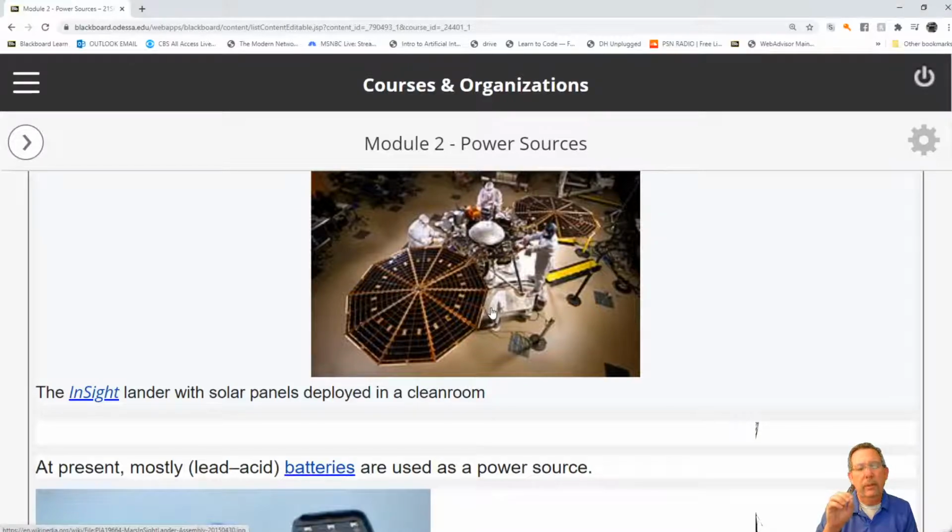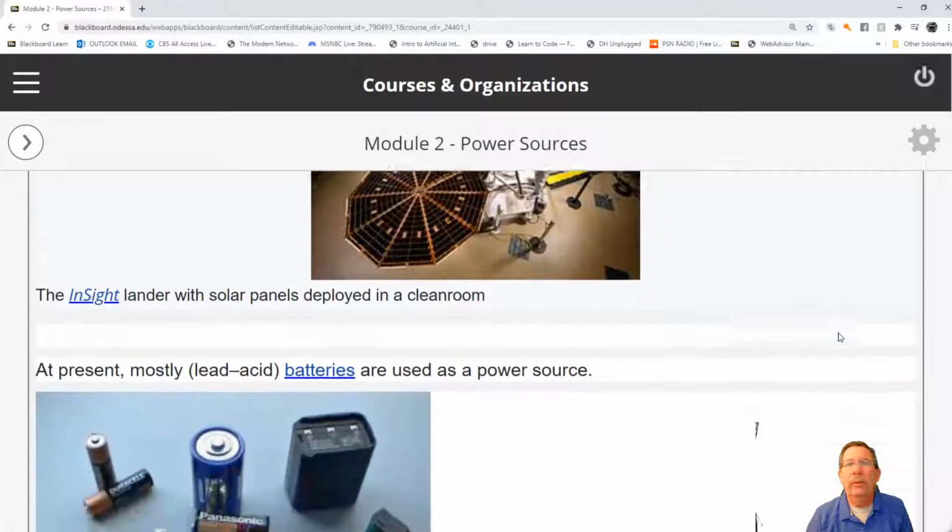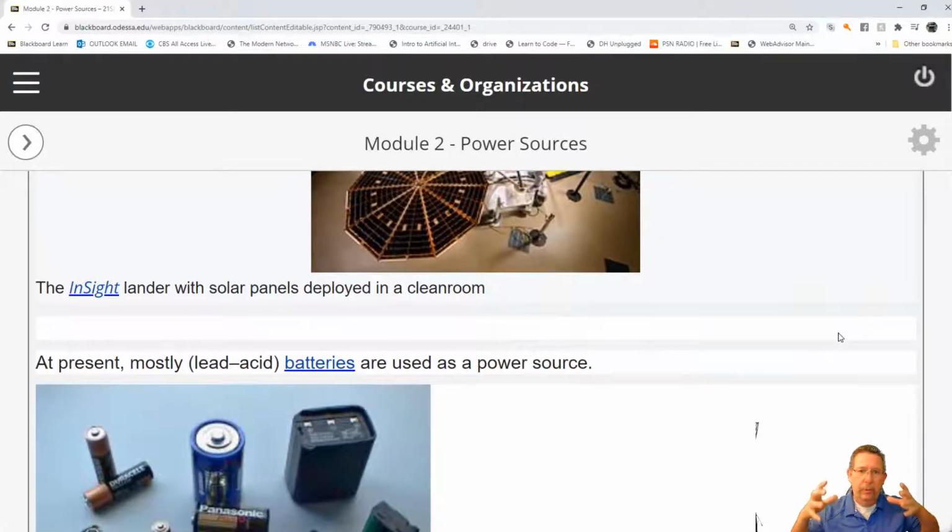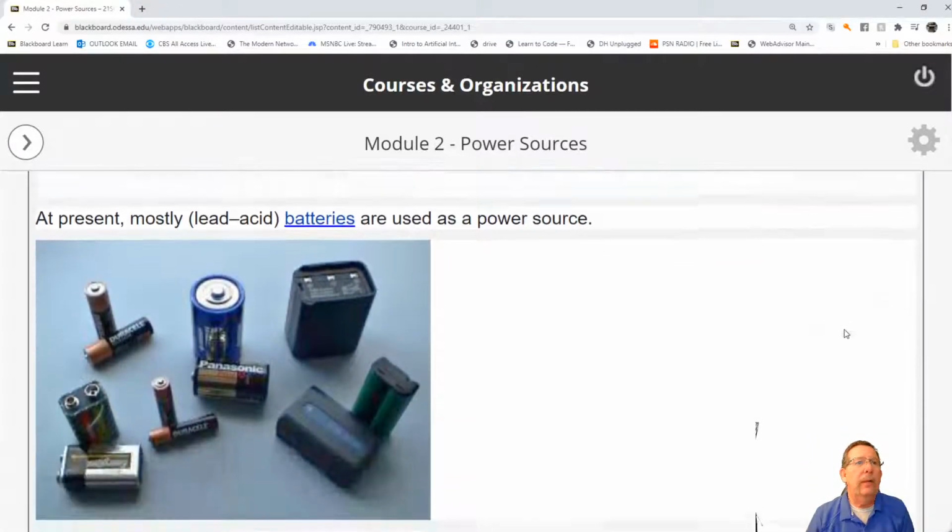Power is gained through various different means, and we'll talk more about this. The most common way to power a robot is through batteries. That's basically the main thing, whether it's an RC car or that little robot that we've been working with.